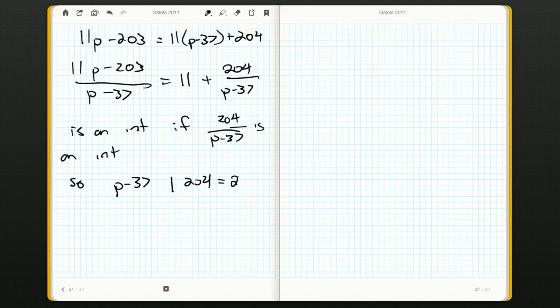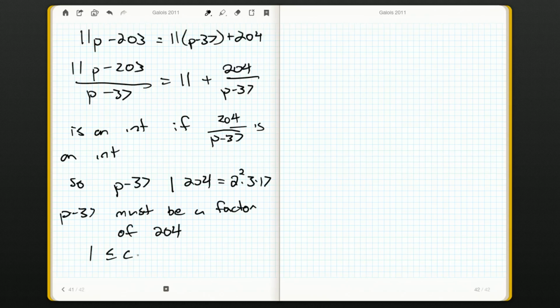It's 2 squared times 3 times 17. So I must have a factor of 204. But we also know that 1 is less than c is less than 407. And that tells us that p is going to be between 1 and 12. So we need p to be between 1 and 12, and we need p minus 37 to be a factor of 204.